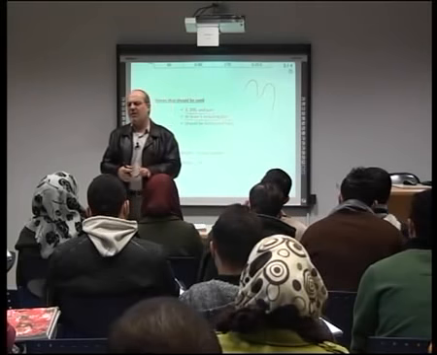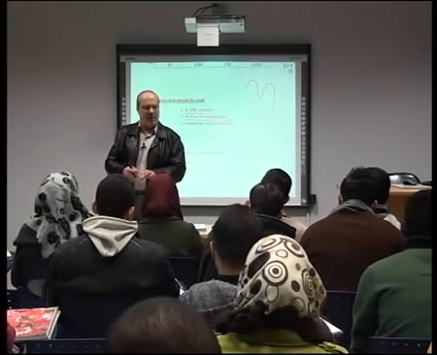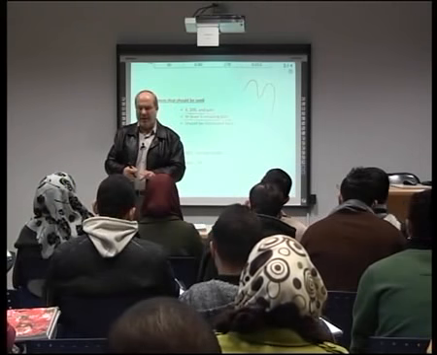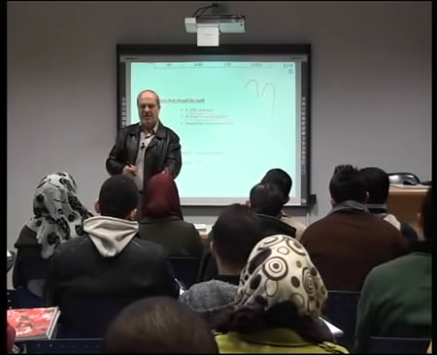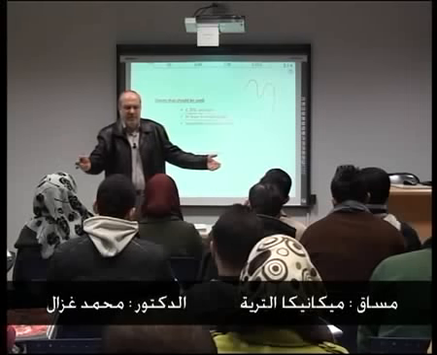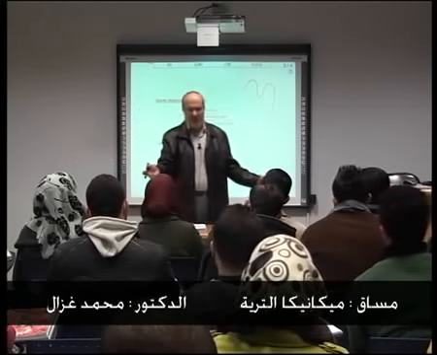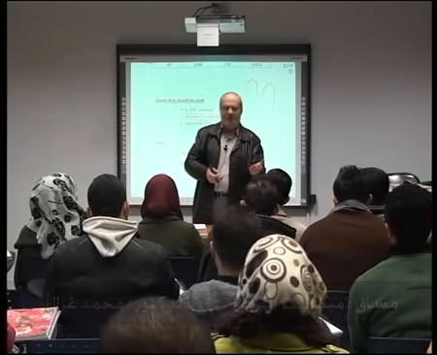Now the total weight is 502, 501, 502.5 grams. I mean, any number above 500. Is it acceptable? No. Why? Errors may happen. We are human. So, is it acceptable?